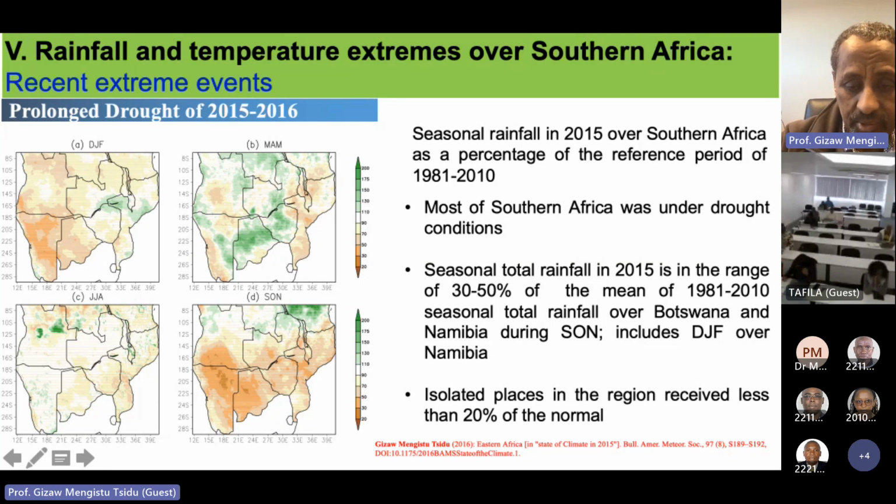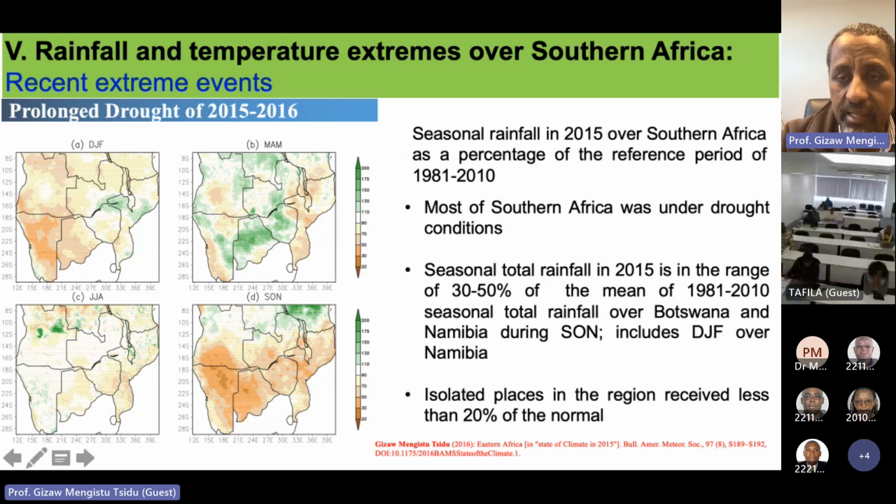Here is a map which was published in the Bulletin of the American Meteorological Society, BAMS. It is about Southern Africa. South Africa is left out because the report for South Africa is prepared separately. It was not intentional.